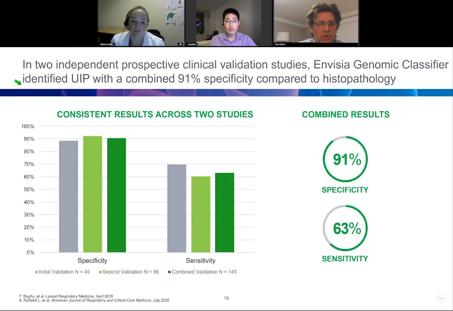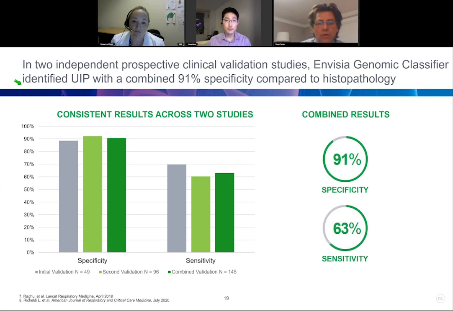If you look at the performance characteristics of these, you can see that the specificity is always about the same across these 2 studies. That is around 90%. And sensitivity is a little bit lower, 63% if you pool all of these. So one important message that everybody should take out of this is that when you have a positive call from the genomic classifier, for this particular genomic classifier, the specificity is quite good, and you can have pretty good confidence that that's what you're dealing with.